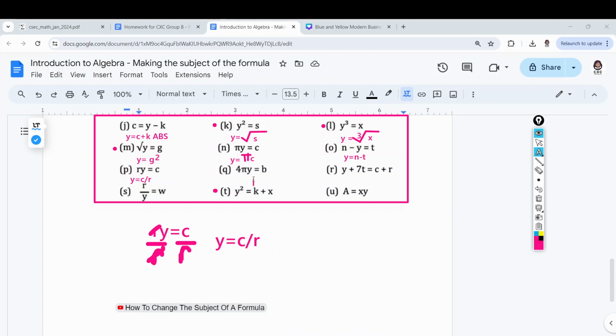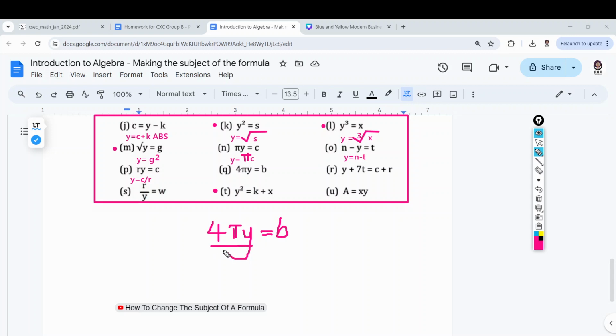Pretty simple. Alright, guys. So for this one, guys, we need to get rid of the 4 pi. For the next question here, it says 4 pi y is equal to b.